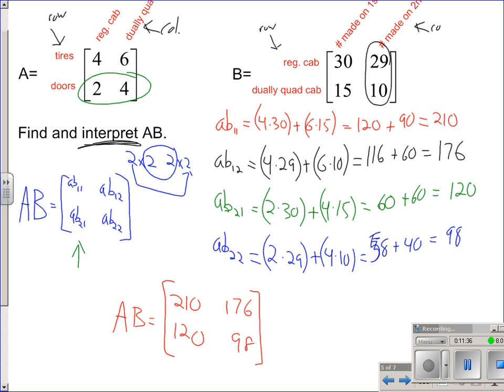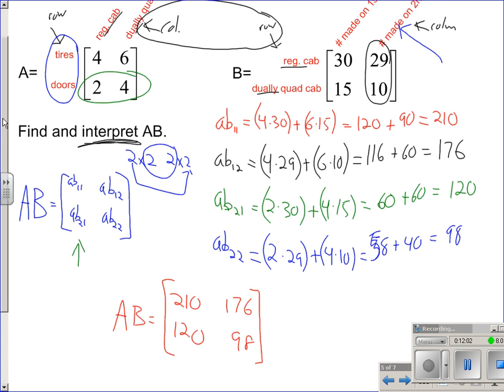These are the titles for the columns. So when we do A times B, the inner dimensions must be the same. And they are. Inner dimensions are the same. Our answer matrix is the outer dimensions. The outer dimensions are the first matrix A's rows and matrix B's columns.